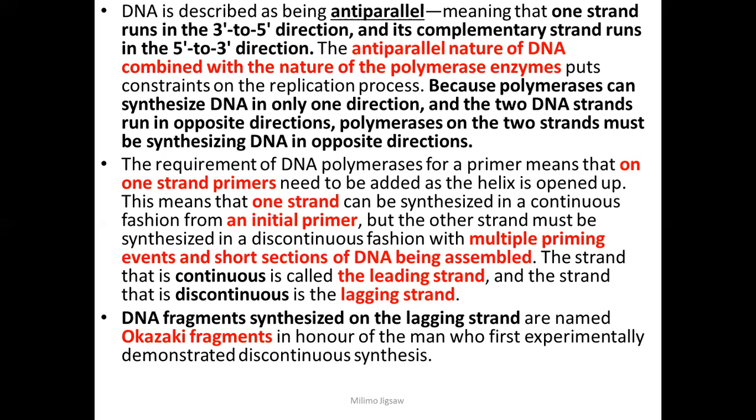So the leading strand requires one initial primer. The lagging strand will require multiple primers. Those short DNA fragments that are synthesized on the lagging strand are called Okazaki fragments.